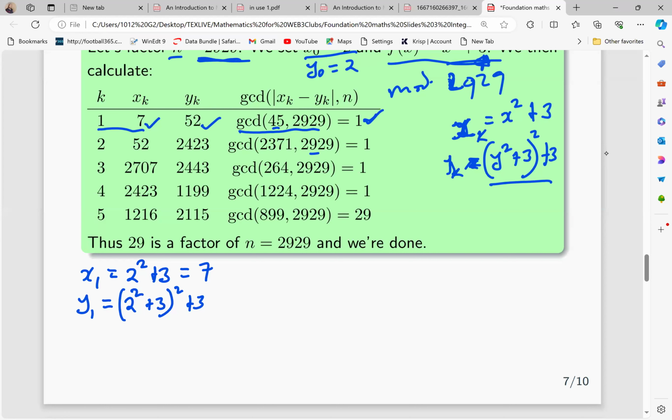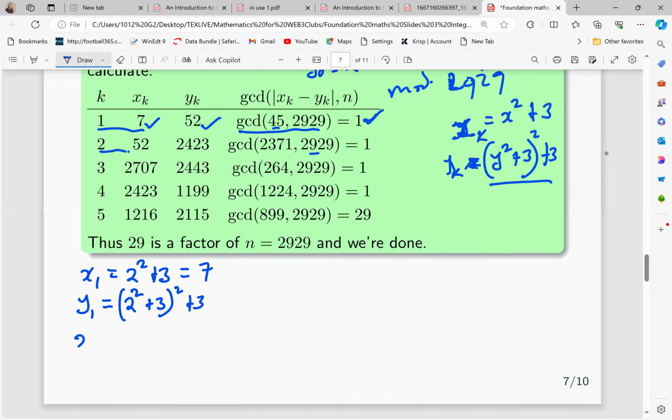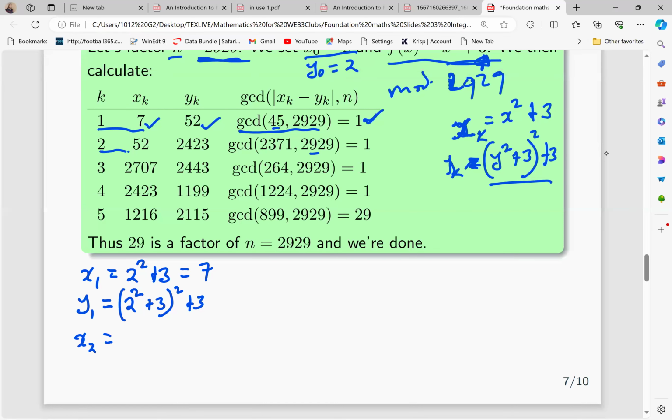Find x2. How do you find x2? Our x just above is 7. Put it in this equation. Substitute it there. You have 7 square plus 3, which is 49 plus 3, 52. Let's find y2.